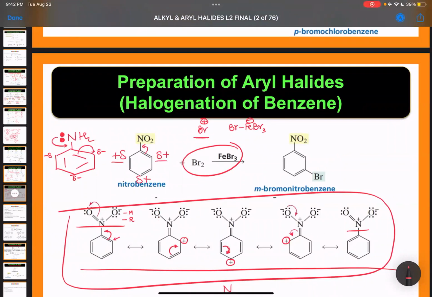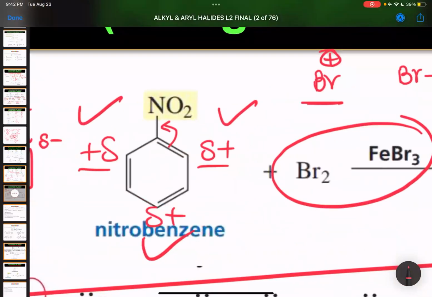Will it try to attach itself at the positions on the nitrobenzene where there is already a positive charge? Can that happen? No, because Br plus is an electrophile, an electron loving species.